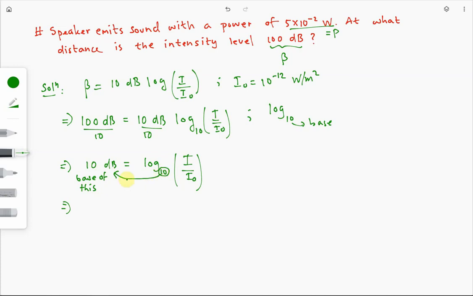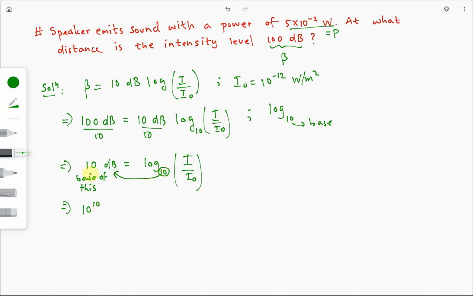Therefore, when you take this 10 away on the left hand side, we get 10 as the base, to the power of this number. So the base remains the base and the number is elevated to being the power. I'm not going over the rules of doing this. This is for algebra exercise. I'm just taking a shortcut.